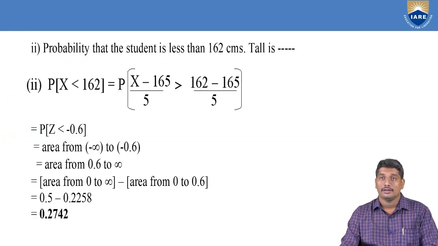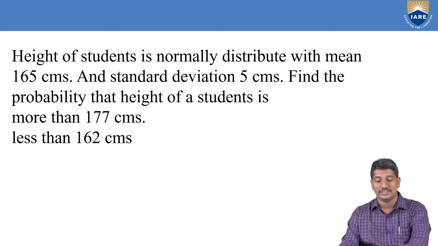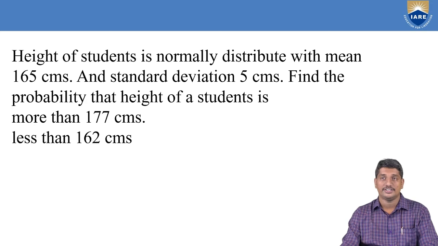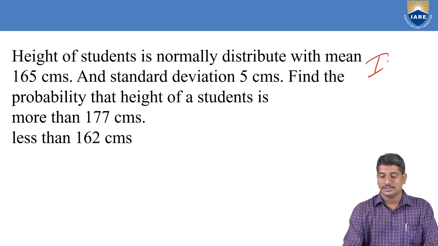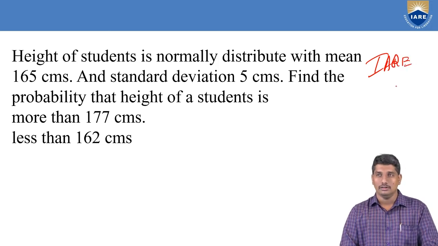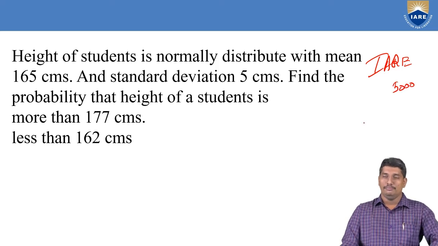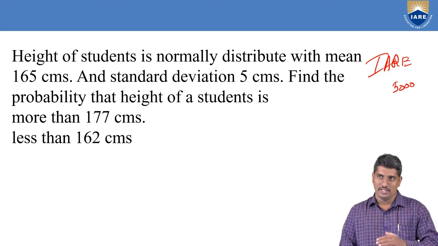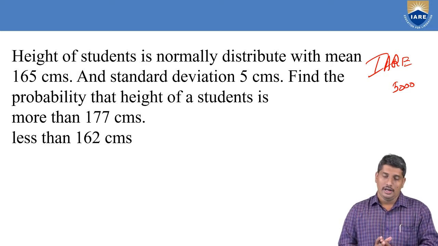And here we have another problem. The height of students is normally distributed with mean 165 centimeters and standard deviation 5 centimeters. That means in our IARE college there are almost 5,000 students, we can assume, across all four years of BTech as well as MBA and MTech.